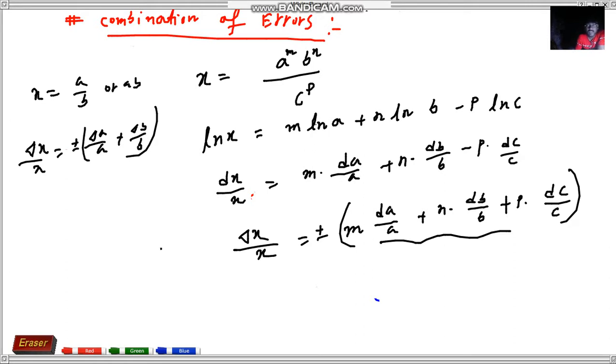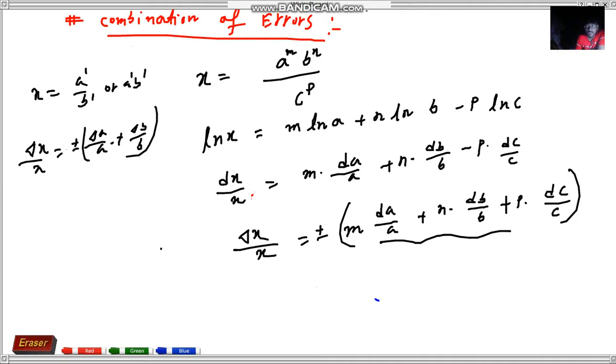But what we have to summarize here is that all the percentage errors are added up: dA by a, dB by b, dC by c. All are added up, and the power will be the coefficient. Here the powers are m, n, p, so the coefficients will be m, n, p. Here actually the power is 1, so the coefficient will be 1. So this is all about the combination of error.